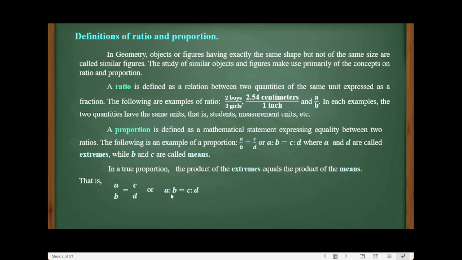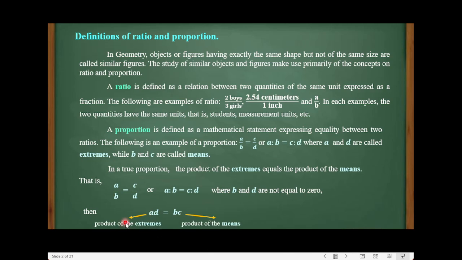It should be A is to B as C is to D, where B and D are not equal to zero. Then AD is equal to BC if we do the cross product method. Okay, this will be the equation.